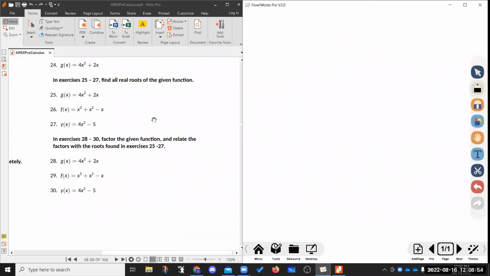Now we're going to find all the roots of the given function for number 25. 4x squared plus 2x. Greatest common factor is 2x, 2x times 2x plus 1. We're going to set each factor equal to 0.